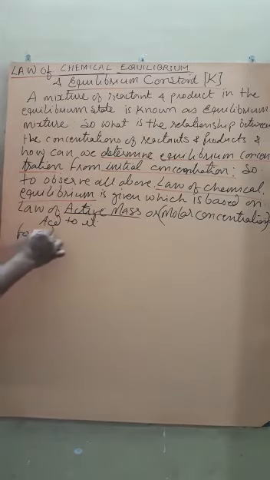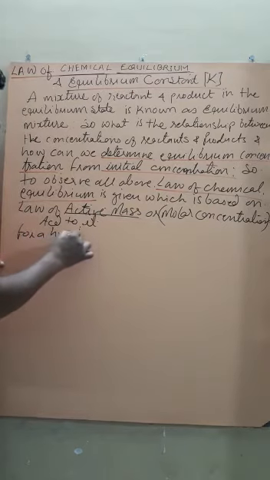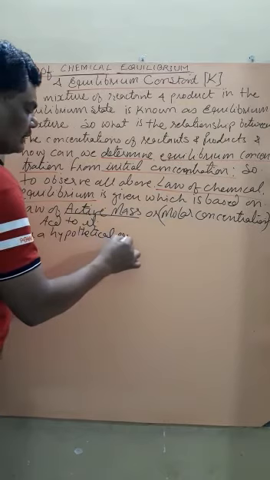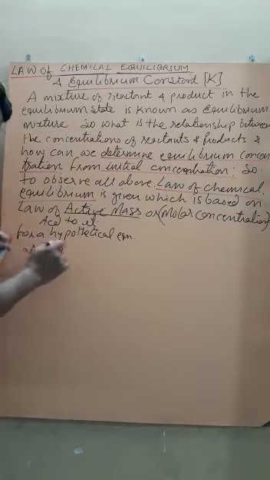for a hypothetical equation, let the equation be: small a moles of reactant A react with small b moles of reactant B. That is the initial concentration.